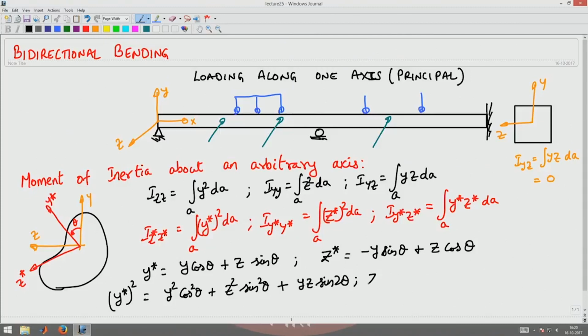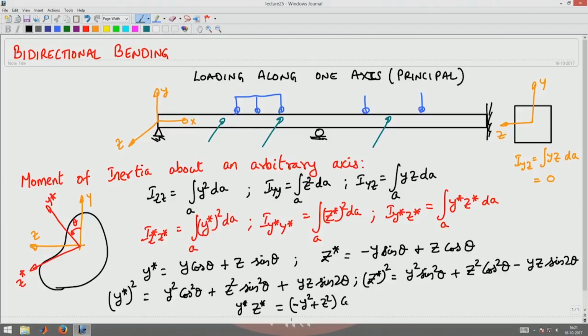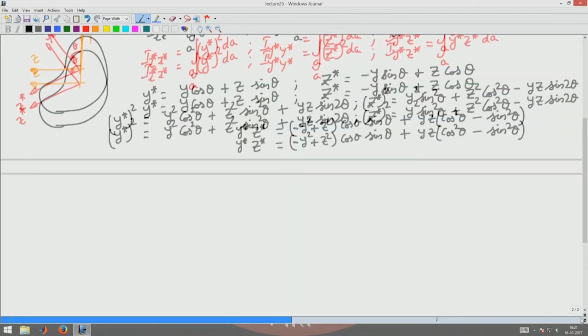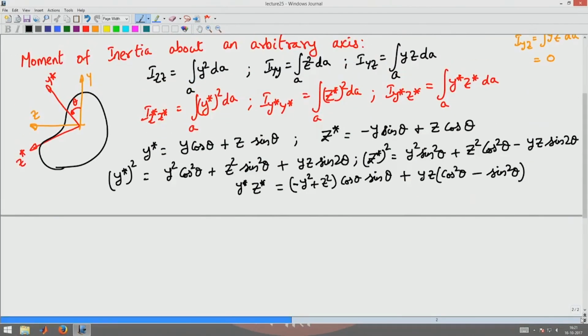And similarly I get z star squared as y square sin square theta plus z square cos square theta minus yz sin 2 theta, and y star z star would be z square minus y square cos theta sin theta plus yz times cos square theta minus sin square theta.